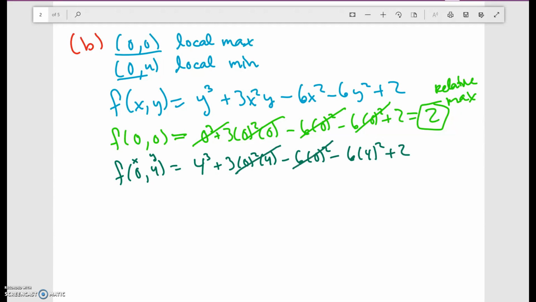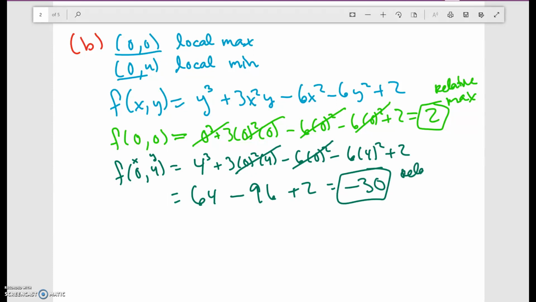This is going to go away. What I'm going to be left with is 4 cubed, which is 64, minus 16 times 6, which gives me 96, plus 2. When I put 64 minus 96 plus 2 into my calculator, I get negative 30. So this is going to be my relative minimum.